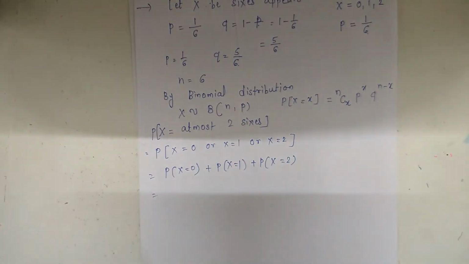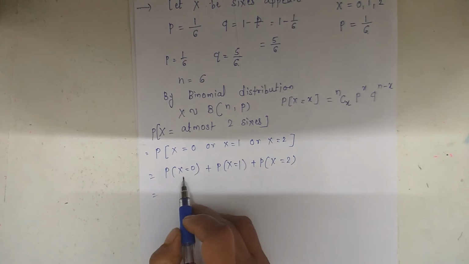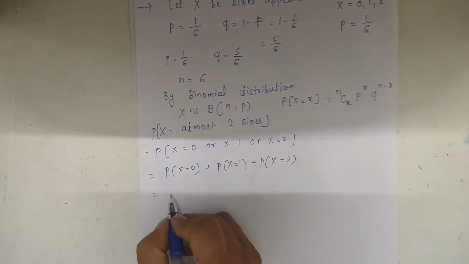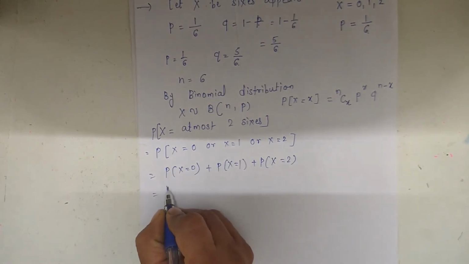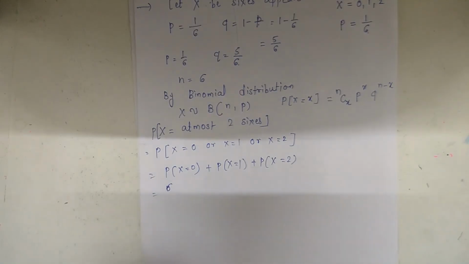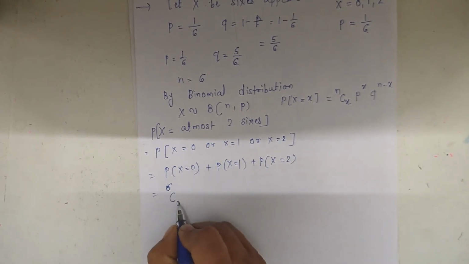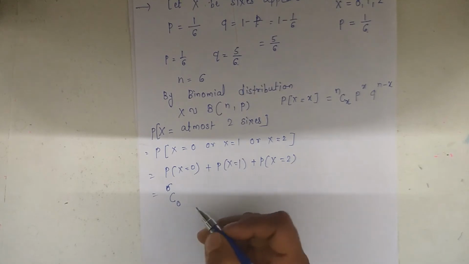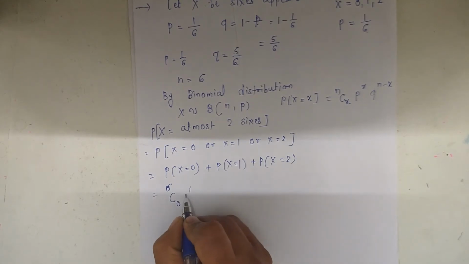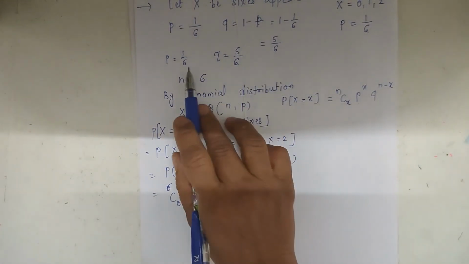So substituting all these values with x equal to 0, we get n, the number of trials, 6C, here the value of x is 0, so 6C0 into, here p is 1 by 6.